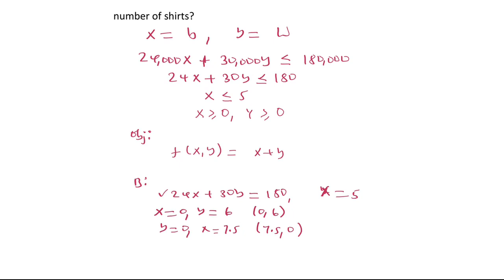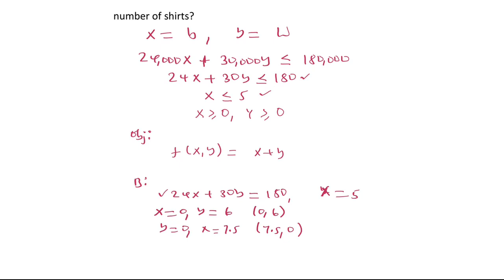Then we are going to shade the unrequired region according to the inequality 24x plus 30y less than or equal to 180. Next, we are going to draw the line x equals 5, and we are going to shade according to the inequality x less than or equal to 5.